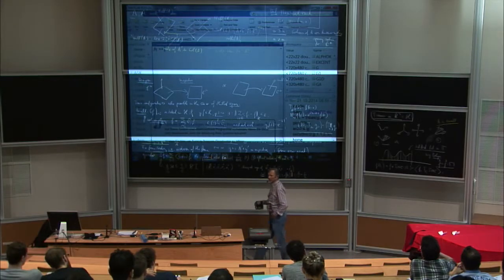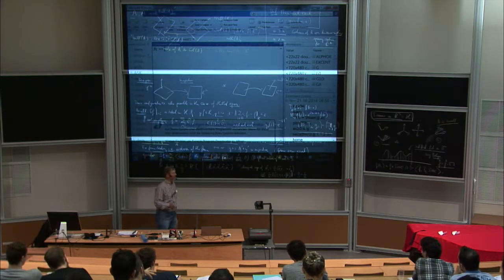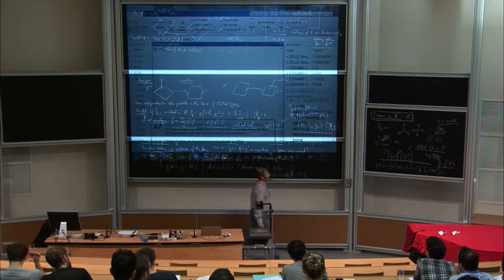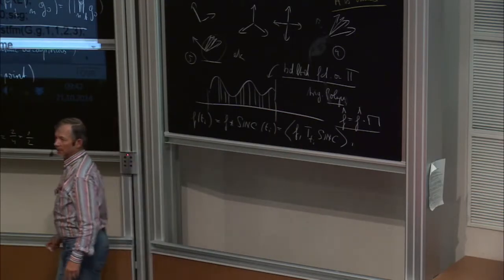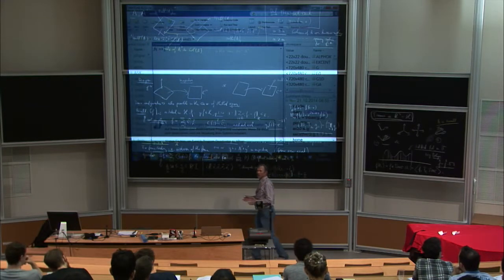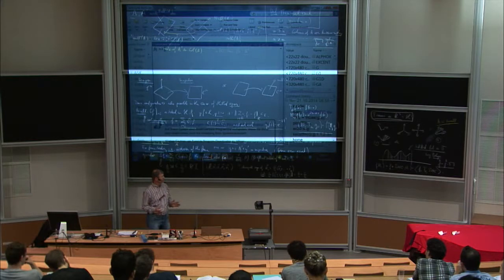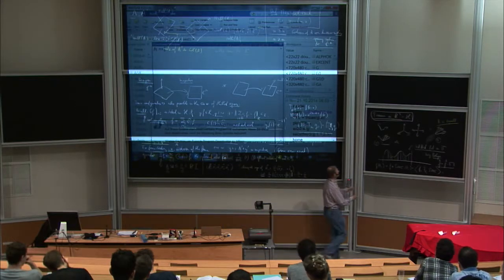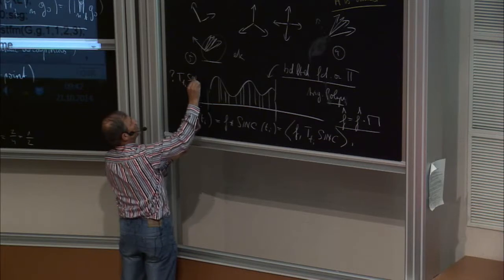So suddenly, knowing the samples of a band-limited function is the same as knowing scalar products of these functions against shifted sinc functions. And so the question of being able to reproduce the function from the given samples is equivalent to asking: is this family of shifted sinc functions a frame?